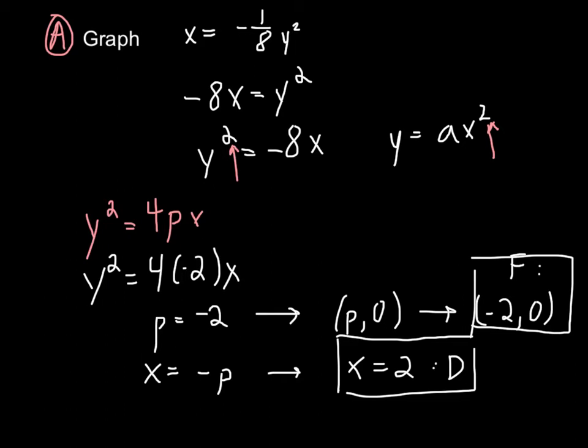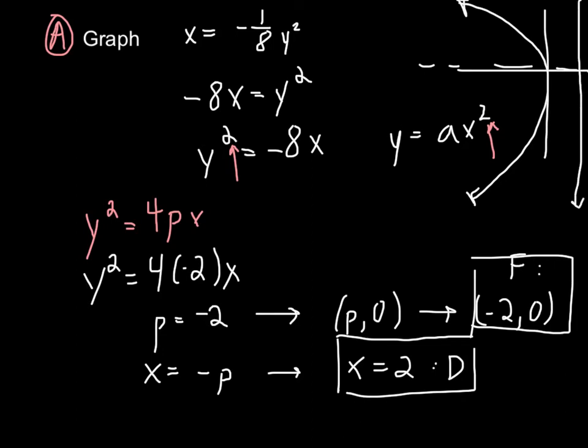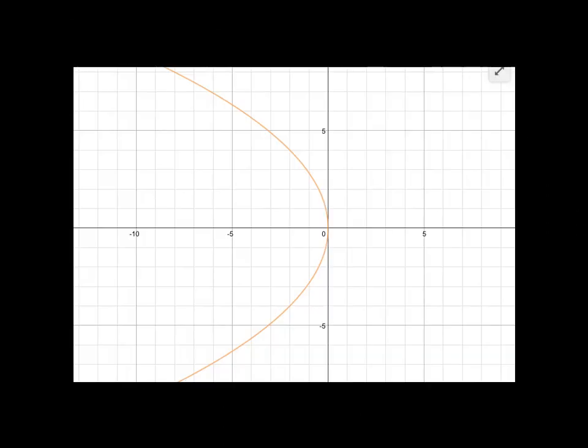So based on that, you can visualize what this graph will look like. It's going to be facing the left with an axis of symmetry as its x-axis. Its directrix will be here, and we have a point at negative 2, 0, which is our focus. So this is our graph, and we can draw in where our directrix is because they don't have that. So that will be at x equals 2.